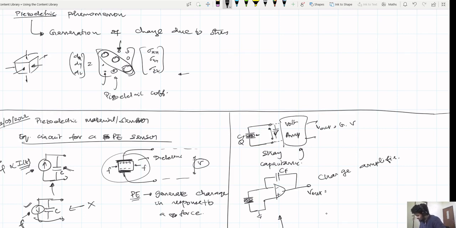And if you replace the piezoelectric crystal by the equivalent circuit, how does this work then? Why is this not sensitive to the stray capacitance? This is because of your lead wires.